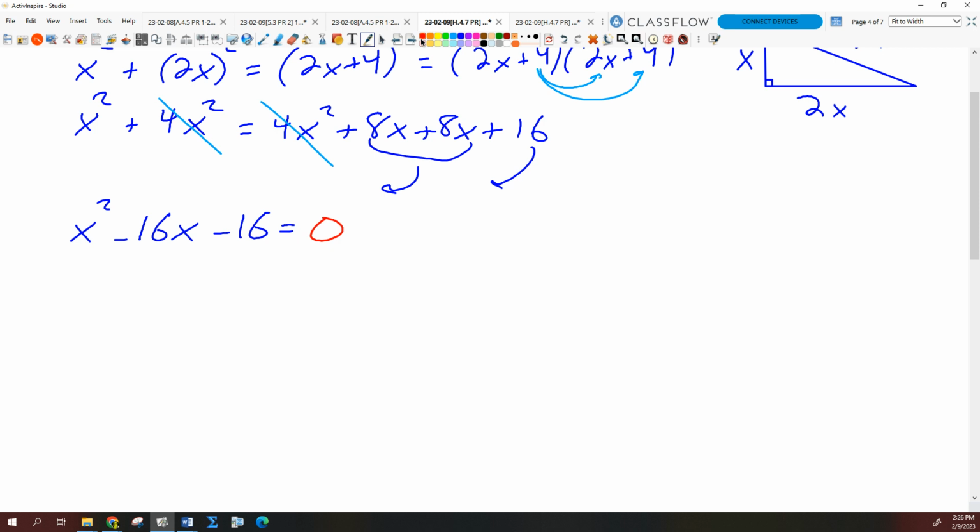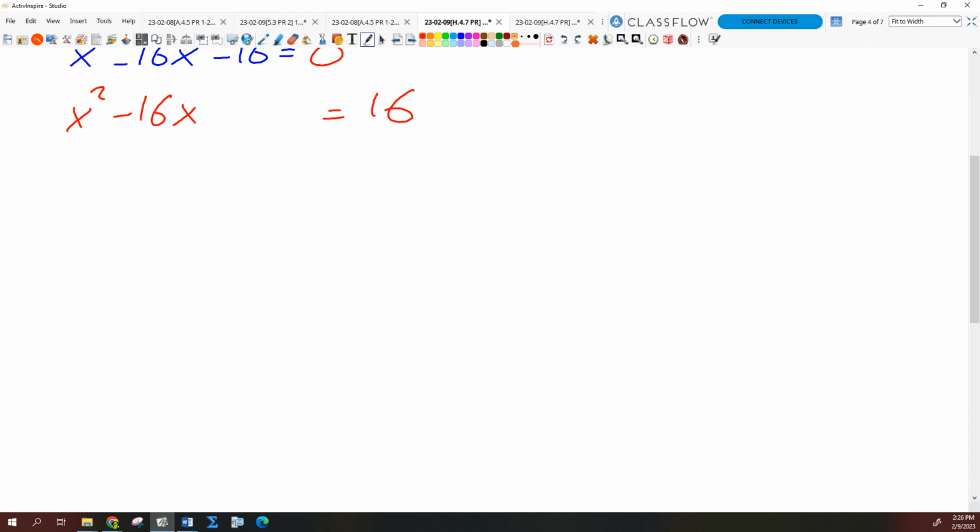Yeah, negative 16 is even, right? So we're going to get x squared minus 16x equals 16, right? So then what's this going to factor into? Already we know x.